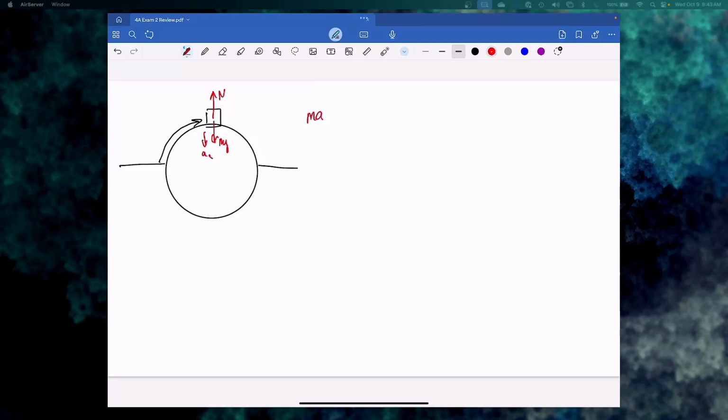So if we write out Newton's second law for that one, making down positive, because that's the direction the acceleration is pointed, that's going to be mg minus n equals ma. And because it's a circle, the centripetal acceleration is equal to v squared over r.